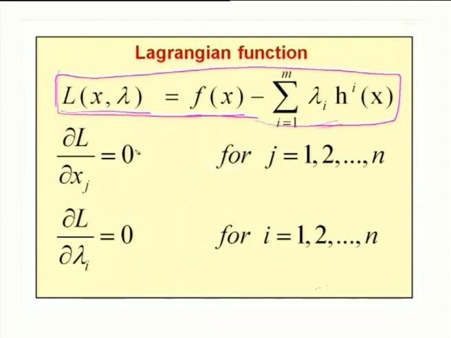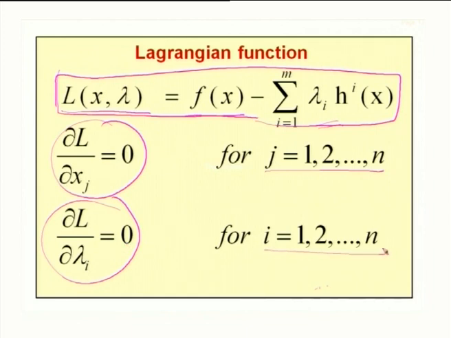Now, to obtain the necessary condition for a given nonlinear programming problem, it is enough to find the necessary condition for the Lagrangian function. From this Lagrangian function, these two equations dou L by dou x j equal to 0 for j varies from 1 to n and dou L by dou lambda i equal to 0 for i equal to 1 to m gives the necessary condition for given NLPP to have an optimum value of z, that is maximum z or minimum z.